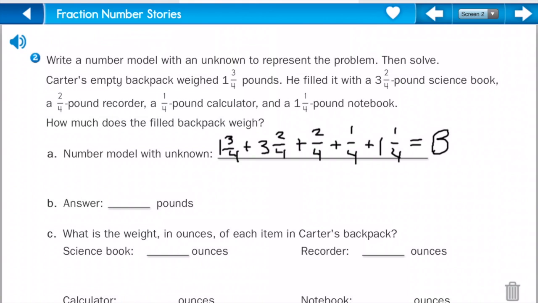So I have 9/4 when I add all these together. Now let's add our whole numbers. 1 plus 3 is 4, plus 1 more is 5, so I have 5 and 9/4 right now.